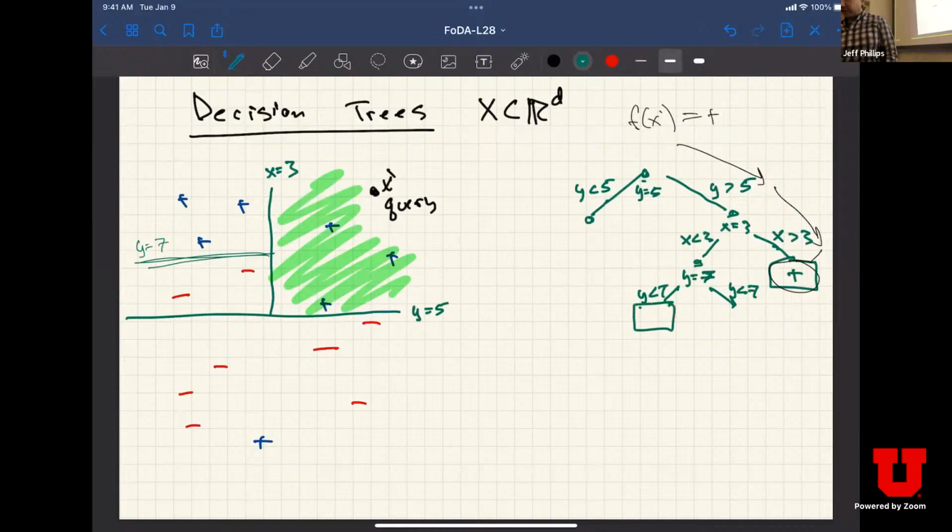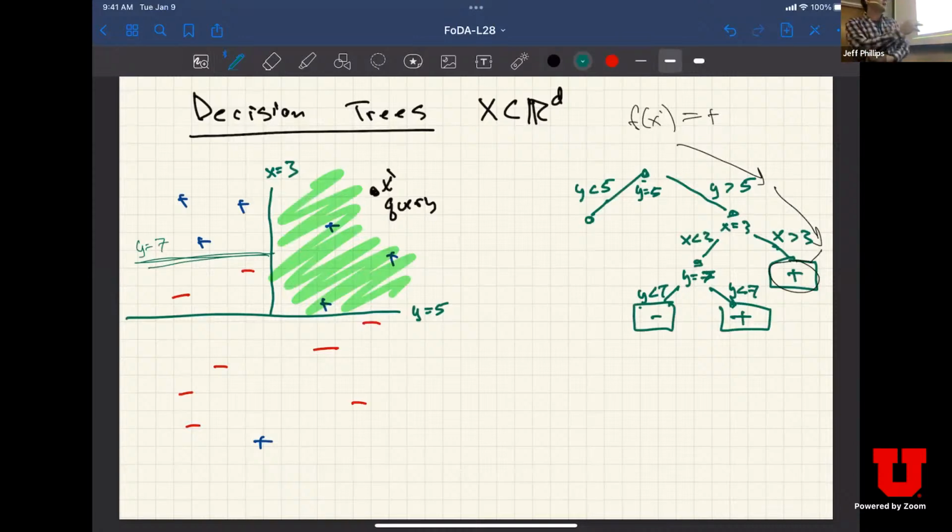If it's less than 7, I'm going to get a minus. If it's greater than 7, it's going to be a plus. Then I can do the same thing on the bottom as well. I could try to split this off, but I would actually need to go down several layers. If I split on x first, I can't split this plus apart from the other minuses. I could go further down.